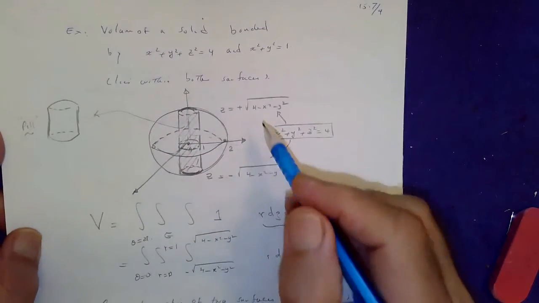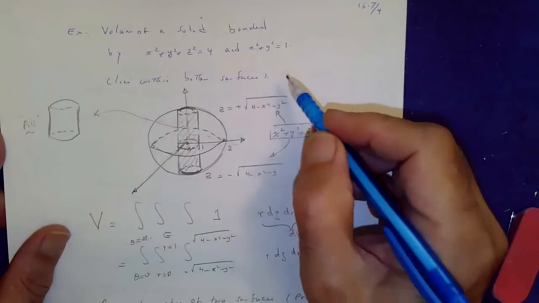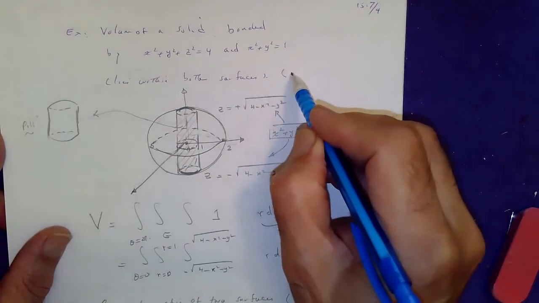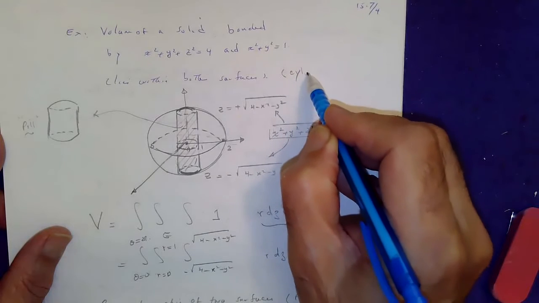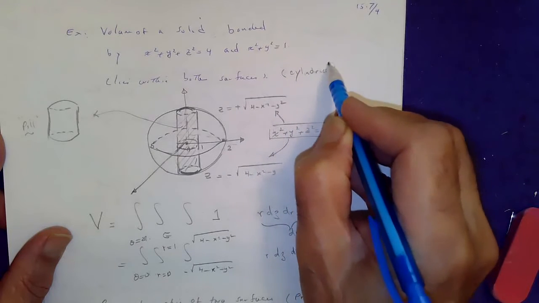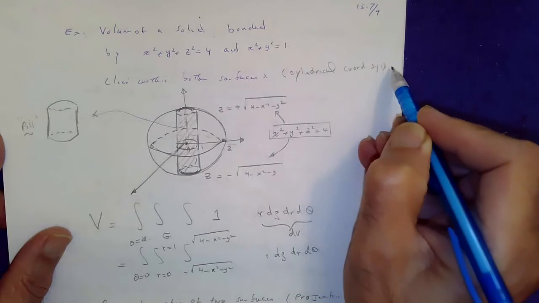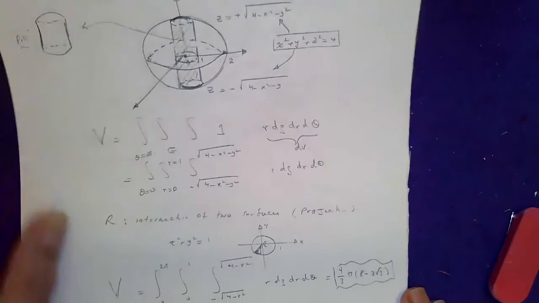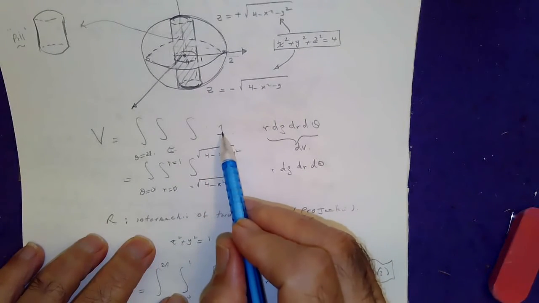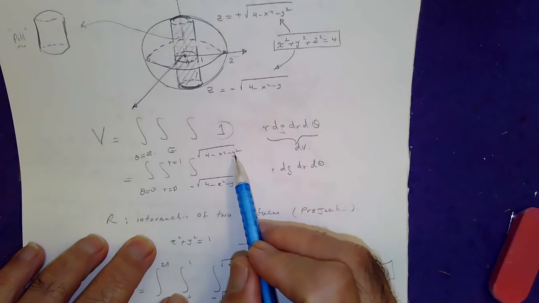So it says, do it in what? In, let's say, cylindrical coordinate system. Okay. So that's what the instruction of the problem is. So this is a volume, so the integrand has to be 1.